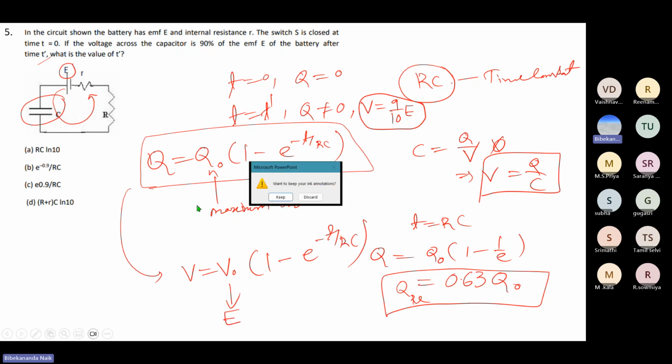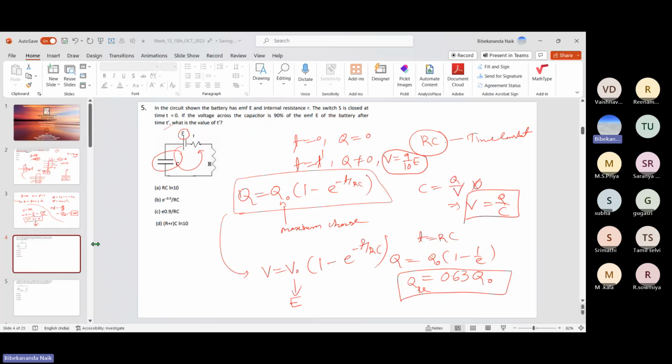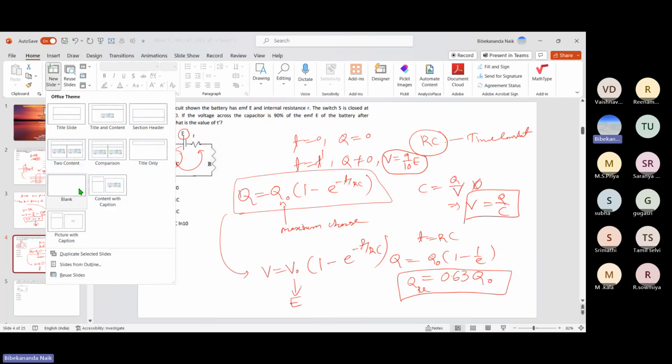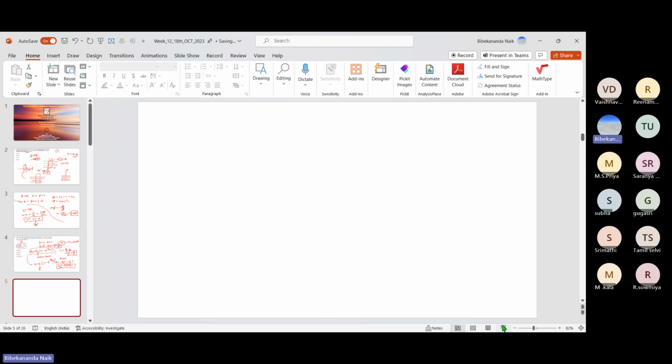So what we will do, we will calculate the time after which, at time t equal to 0, there was some charge Q which was 0. So at time t equal to t prime, there will be some charge Q prime and there will be some voltage V prime.